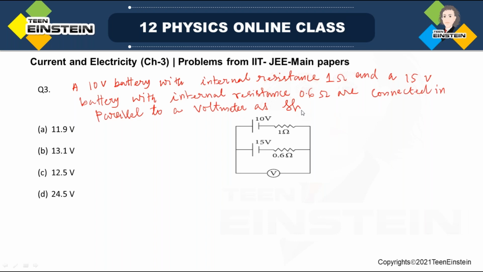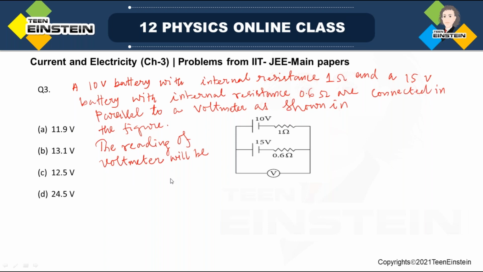The question is the reading of the voltmeter. You have to find out the answer for that.